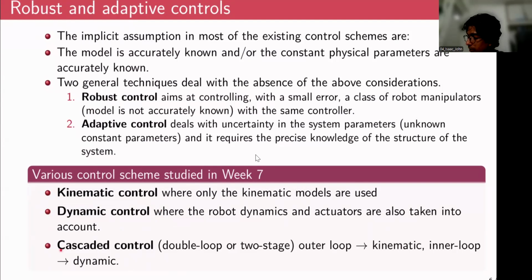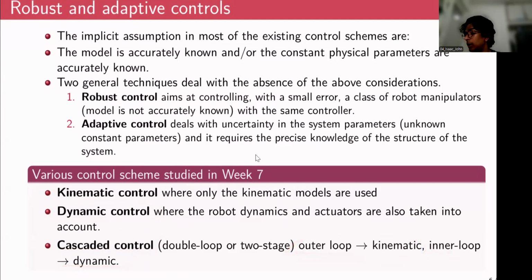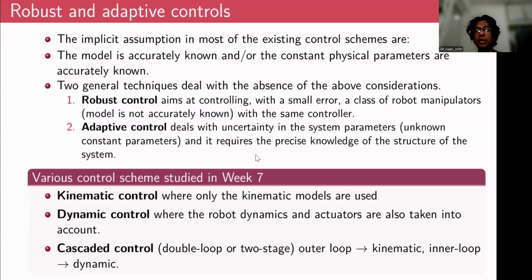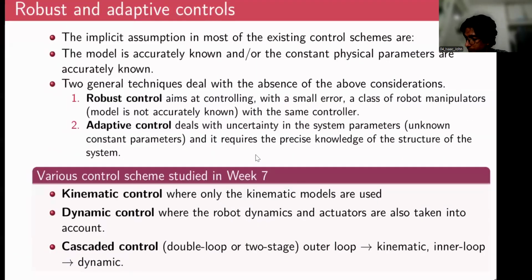And another important control scheme that we have actually seen is the cascade control, which uses a kinematic control in the outer loop, and basically uses a dynamic control in the inner loop. But if you can recall from the lecture, we require our robotic system to be expressed in a particular form. We call it an input affine form, right? So this controller can only be implemented when we can represent a robot in a specific form.